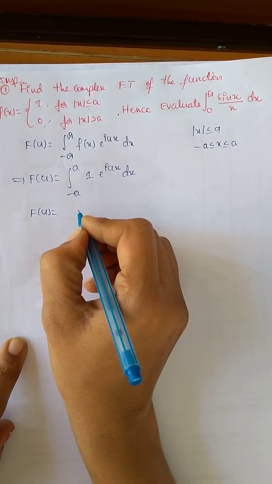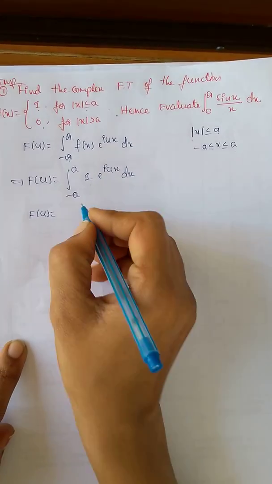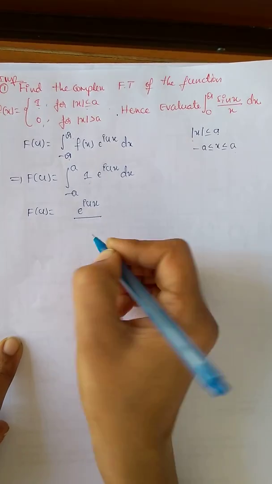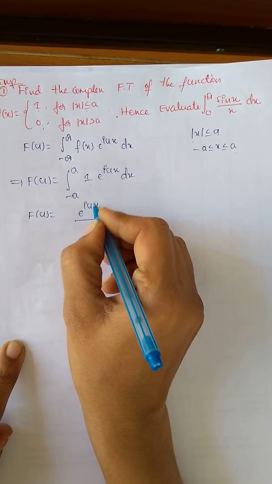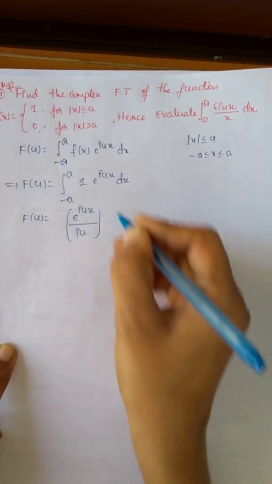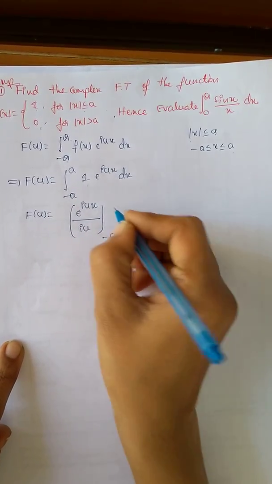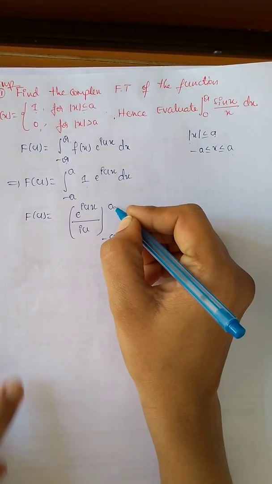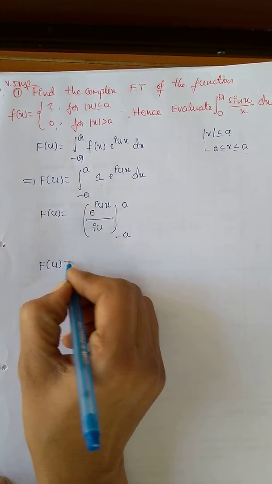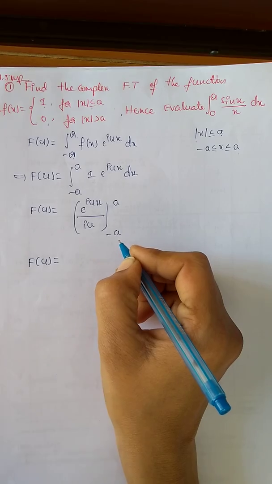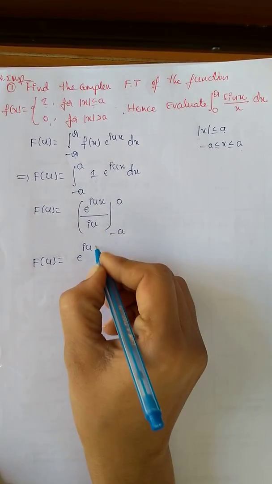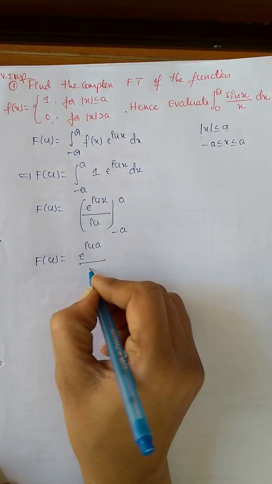Next, there is only one function, so directly we can integrate. F of u is equal to the integration of e to the power of iux. So the integration of e to the power of iux is e to the power of iux divided by the coefficient of x. This is a constant term, so it goes to the denominator: i into u. After integrating, we should replace the upper and lower limits: x by a and x by minus a. Replace x by the upper limit a, we get e to the power of iua, denominator is iu.